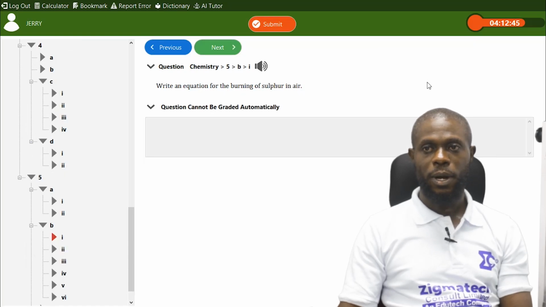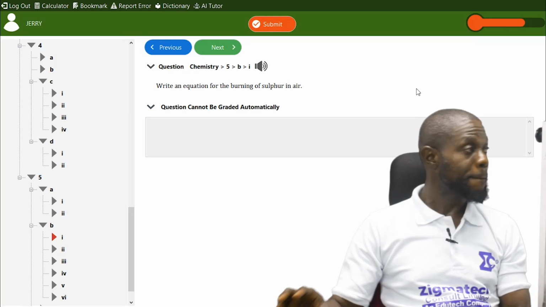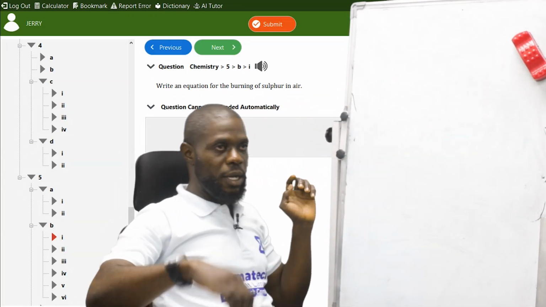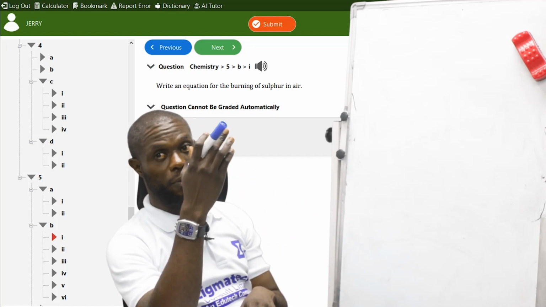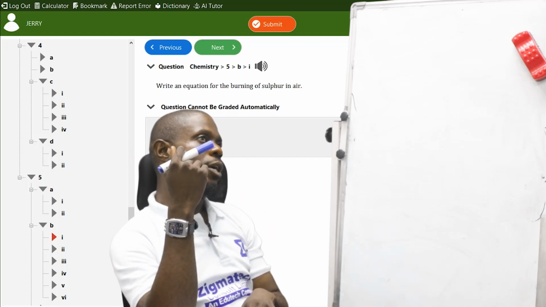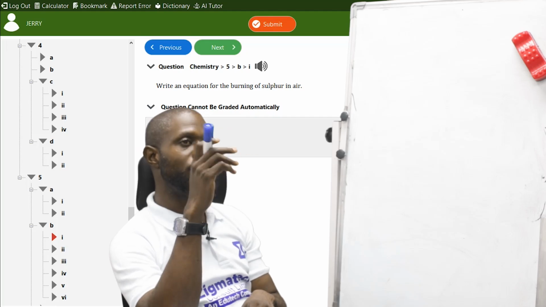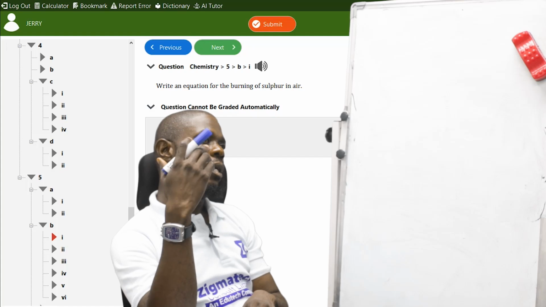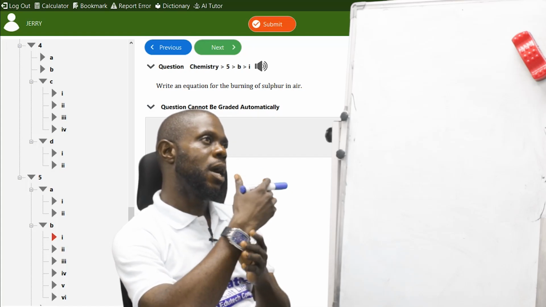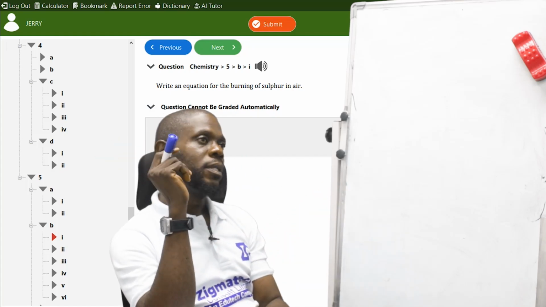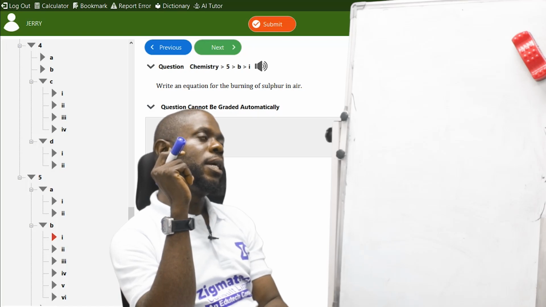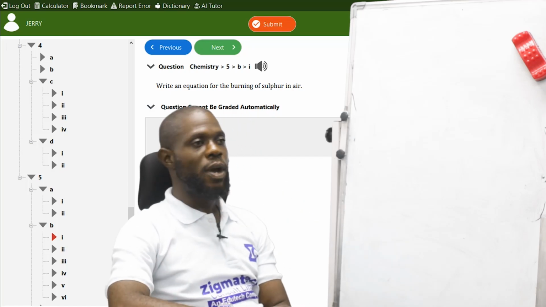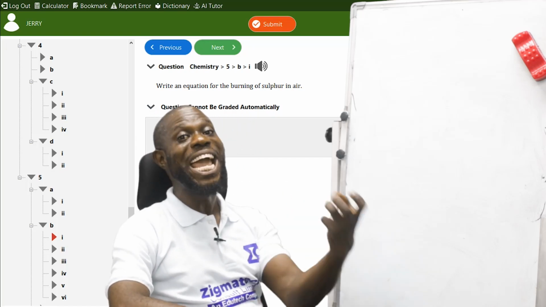Write an equation for the burning of sulfur in air. That means the combustion of sulfur. Burning reacts with oxygen. Let me define a fuel: a fuel is any substance that burns with the aid of oxygen.